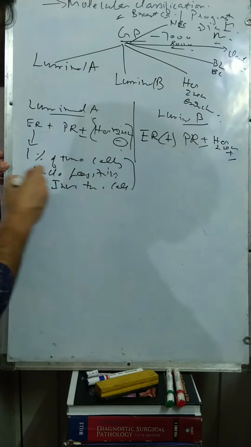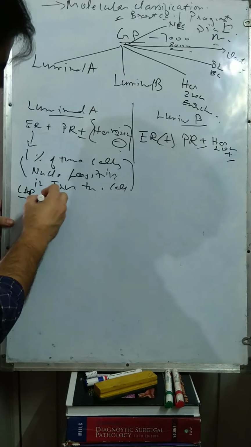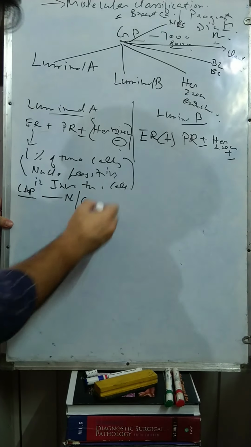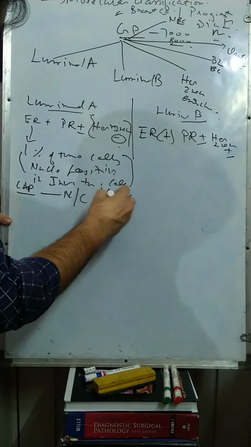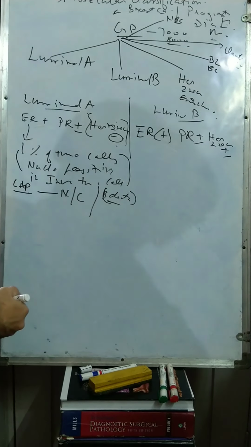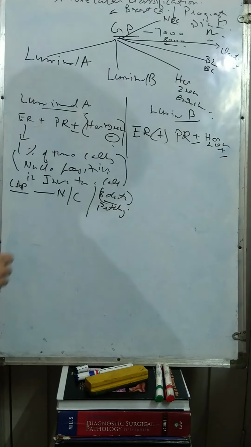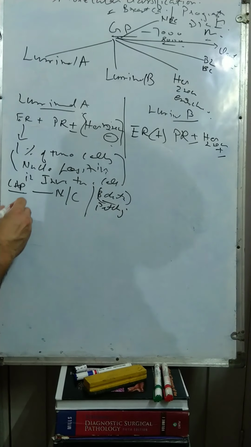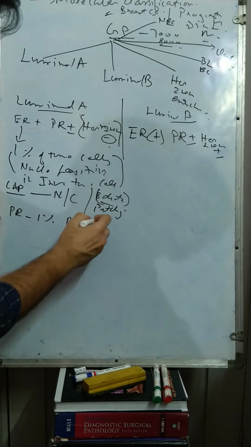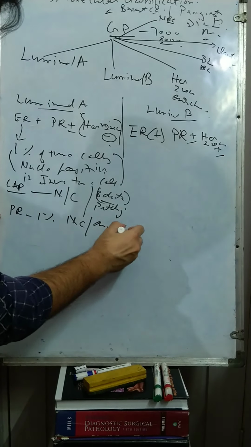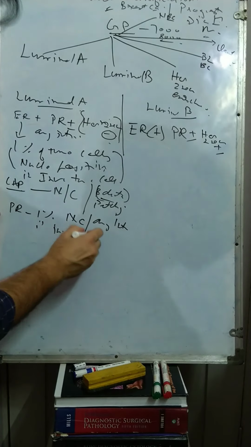This is the CAP guideline to call it ER positive, and you have to have a normal control, that is, include some normal breast parenchymal ducts in the same slide and compare with them, and it is usually patchy in the duct. So normal control should be included. Coming to PR, it always follows ER. So again 1% nuclear, any intensity, in invasive tumor cells.